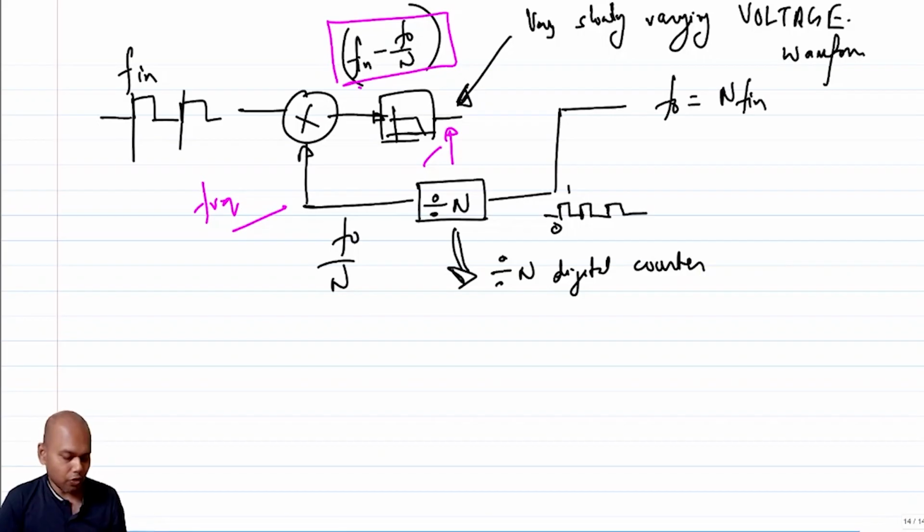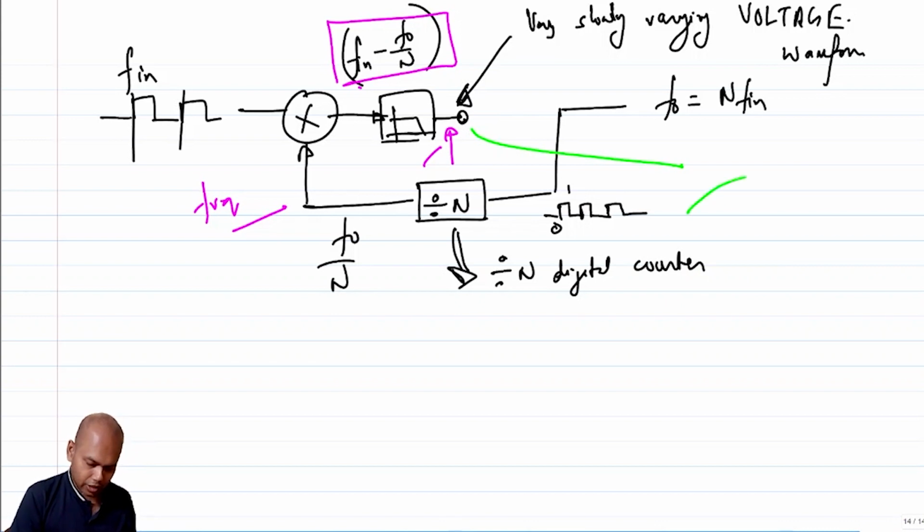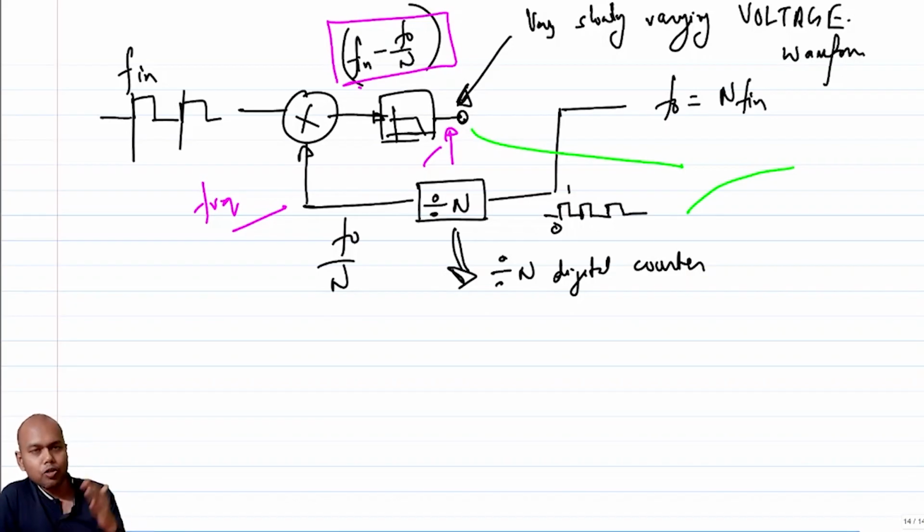So let's say for some reason I found that this voltage is increasing, correct? I can associate this increasing voltage to assume that the loop wants the output frequency to go up, right? And what should I put here so that the output frequency goes up? I can put our voltage control oscillator.